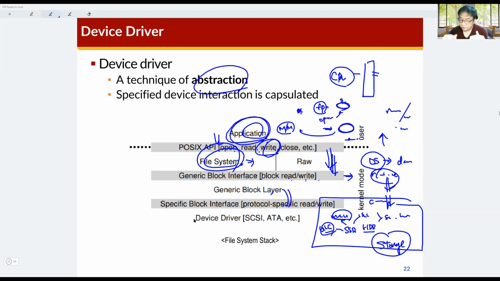This device driver receives the block-based command from the operating system, and then based on the supported interface, this block device driver generates its own control signals and delivers them to the storage devices. Okay, so device drivers.